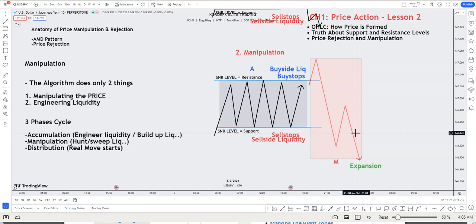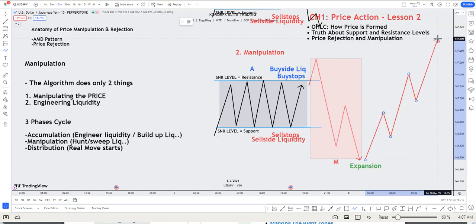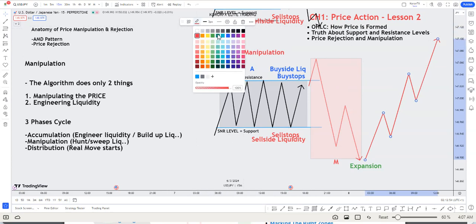So the distribution is the main reason that the price reverses, and the market also hunts all the highs and all lows. For example, we have all the highs above here or all lows below here. When price manipulation is finished, price will then make a reversal. Okay, a reversal, and that is exactly what we want.